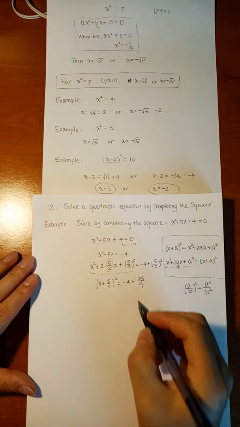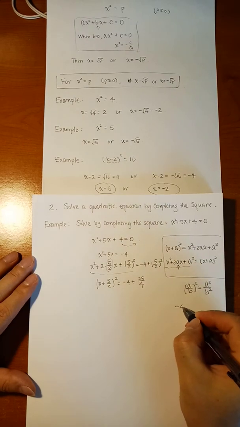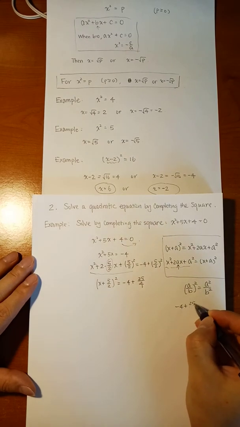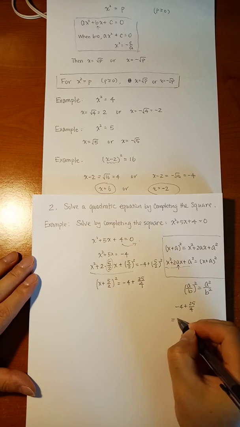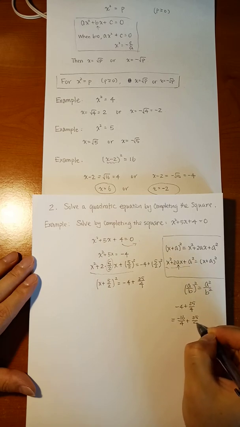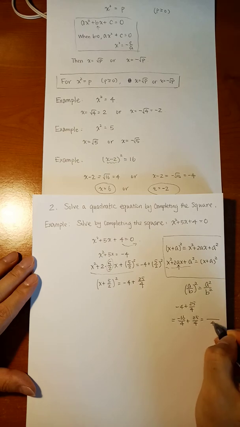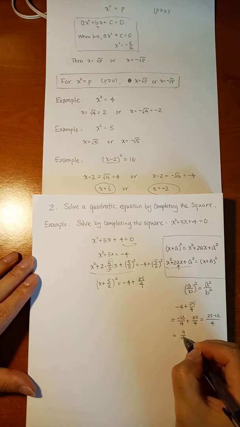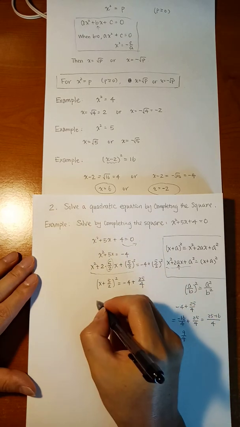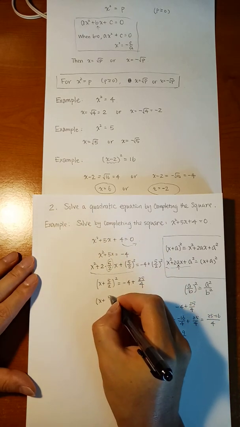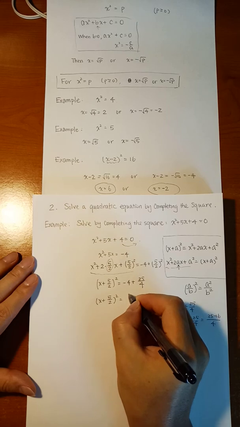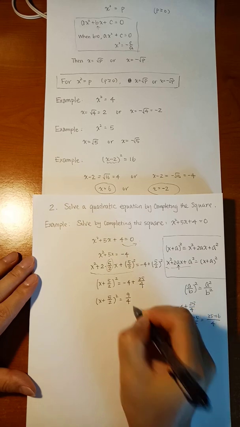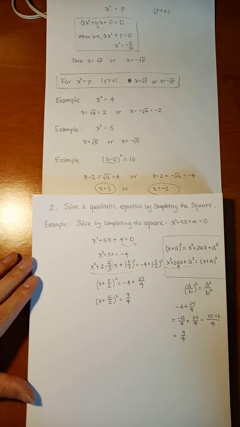Okay, so negative 4 plus 25 over 4 is negative 16 over 4 plus 25 over 4, which is 25 minus 16, 9 over 4. So the right-hand side is 9 over 4.